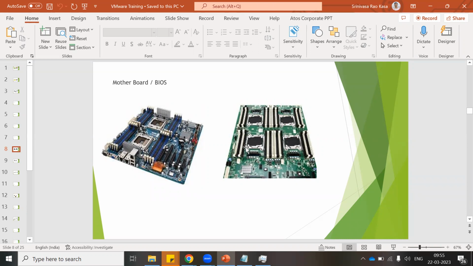But we are not going to see a physical server every time. Once these topics are over, I'm going to showcase the server model, for example, Dell PowerEdge R630. I'm going to browse that R630 and see what the specifications are.